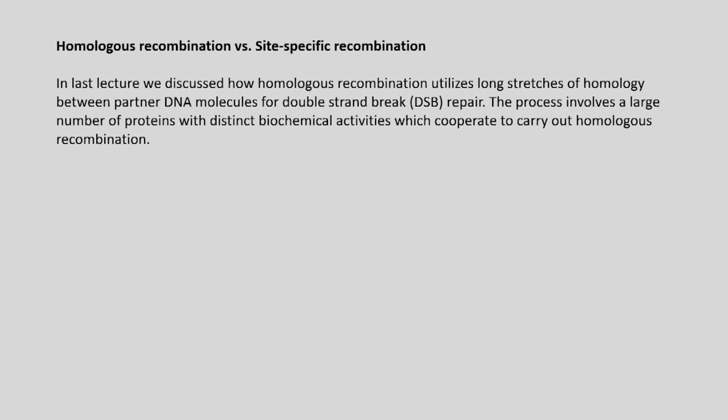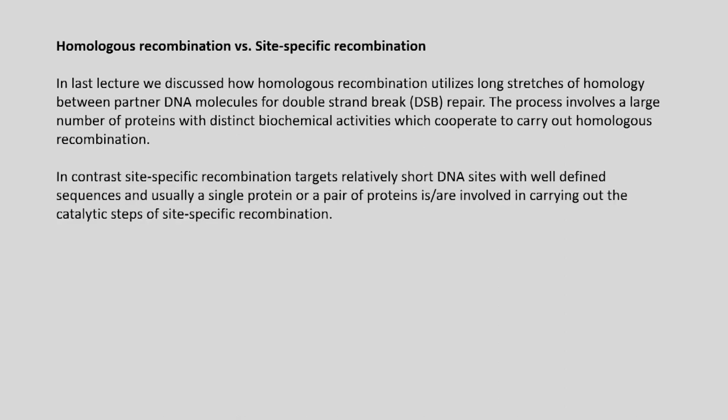Let us have an understanding of homologous recombination versus site specific recombination. In the last lecture we discussed HR, which utilizes long stretches of homology between partner DNA molecules for double strand break repair. This process involves a large number of proteins with distinct biochemical activities which cooperate to carry out homologous recombination.